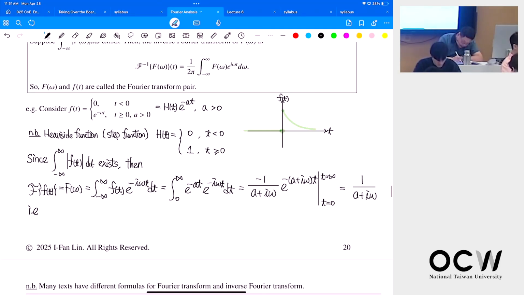So that means the Fourier transform of this function is 1 over a plus i omega, and a is greater than 0.